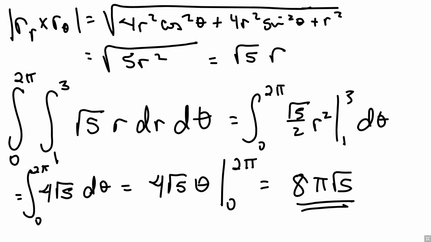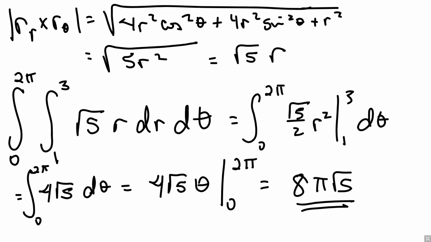There's really no rhyme or reason. Sometimes it's just easier to stay in terms of x and y, and sometimes it's easier to switch into r and theta. In terms of doing the problem, if you cannot get things in terms of two variables, then switching over to r and theta is the easiest thing to do.